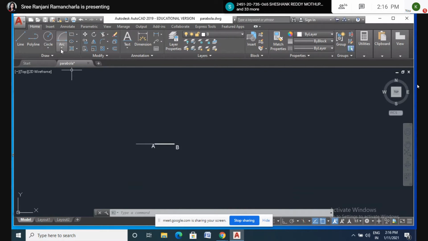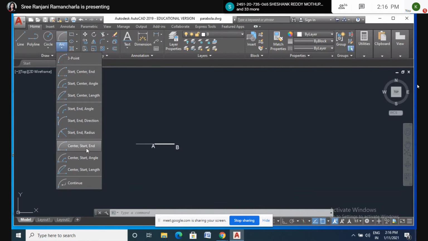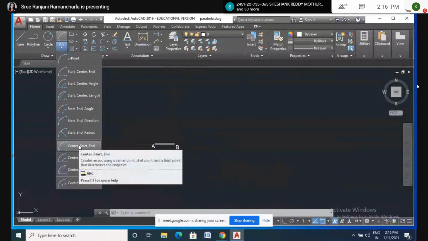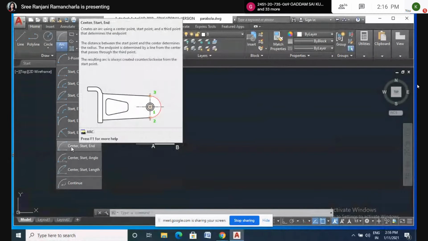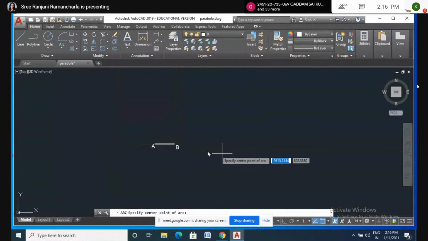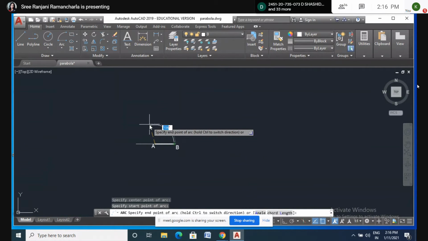Now I will draw the curve here. I will take this arc method, start, center, end. This is asking the center, so this will be the center. Next it is asking to start where? Here I want to start. And you know that the curve always goes anti-clockwise, so in this way I will move here.